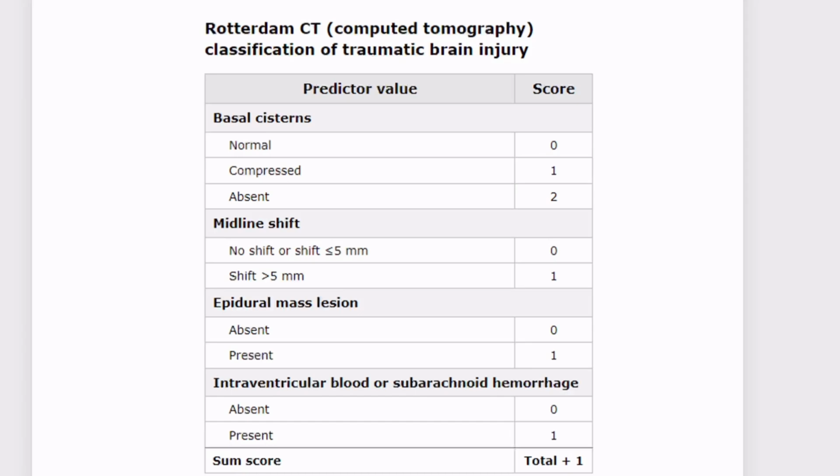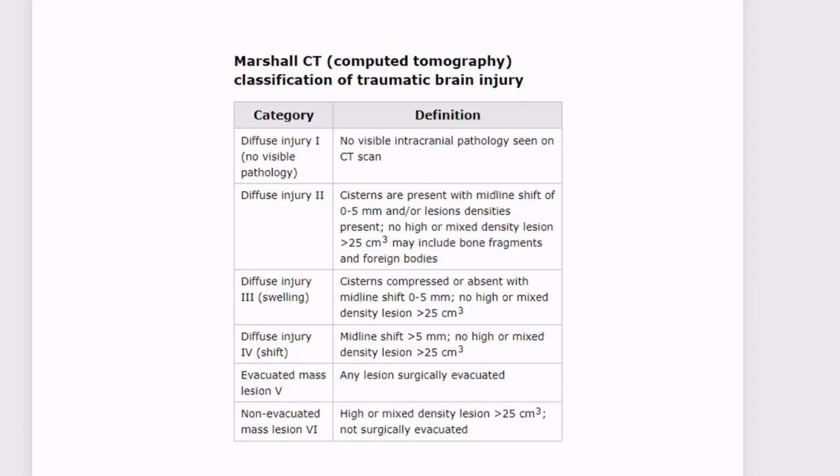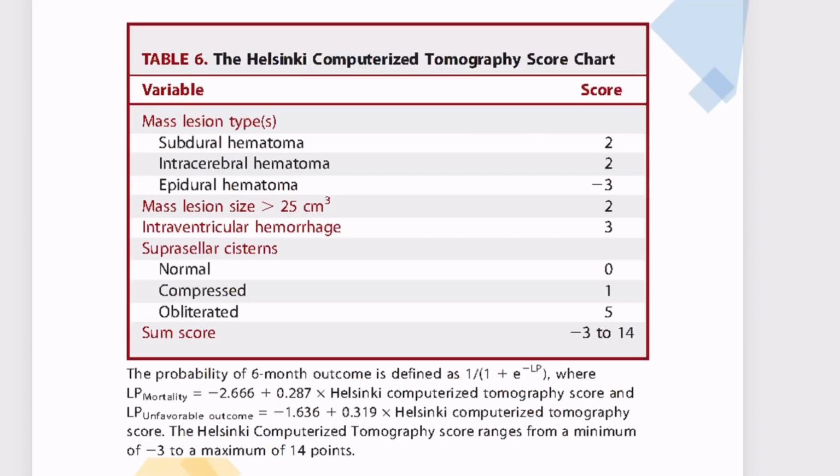Children have lower mortality at lower Rotterdam scores of 2 and 3, and higher mortality at higher scores, that is 4 to 6. The next one is the Helsinki computerized tomography score chart. This is somewhat more sensitive when compared to the Rotterdam score and the Marshall system.